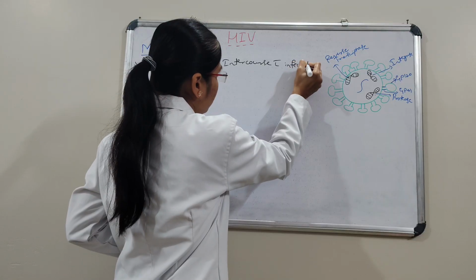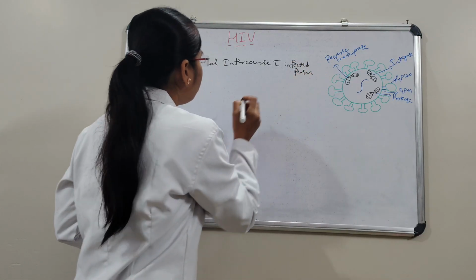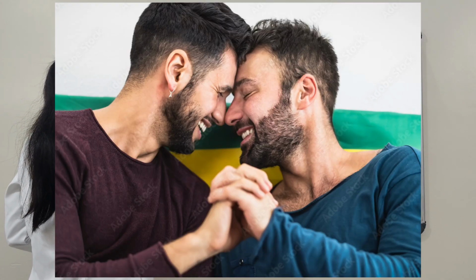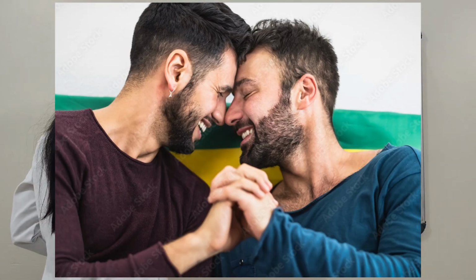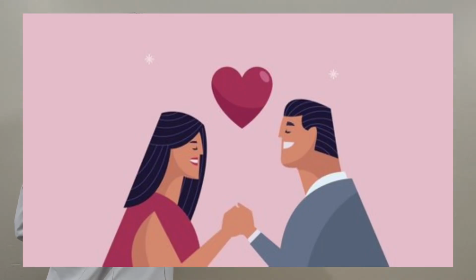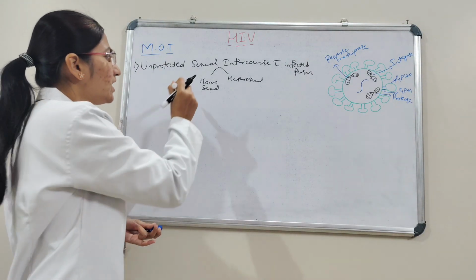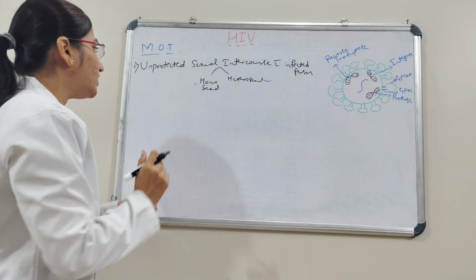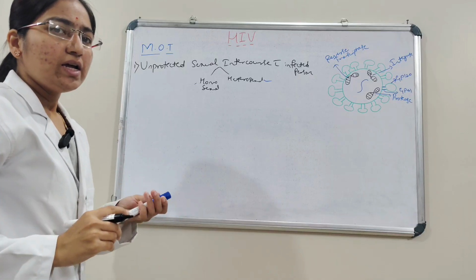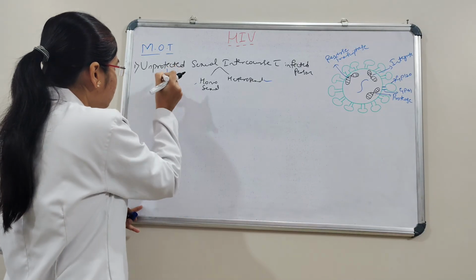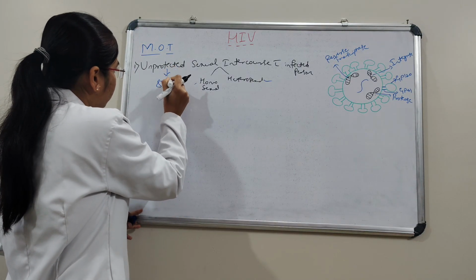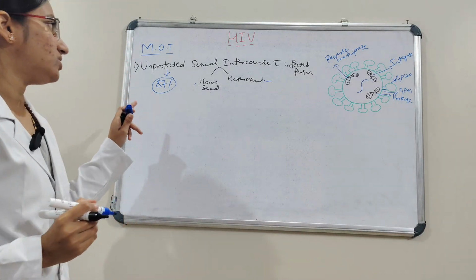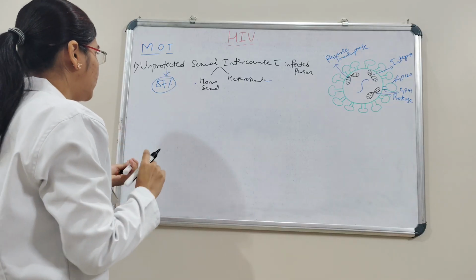These are of two types: one is homosexual, another is heterosexual. It's a dangerous and most common one. There is an 87% chance to get and spread that infection.